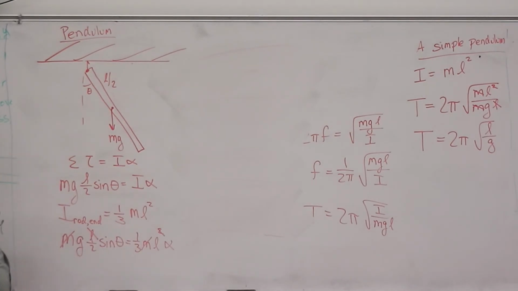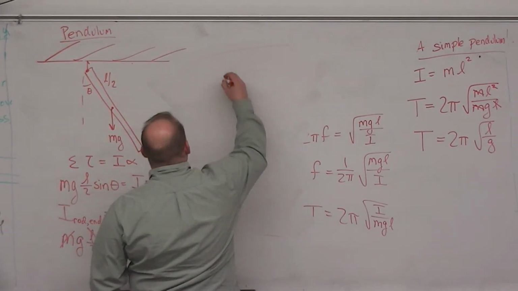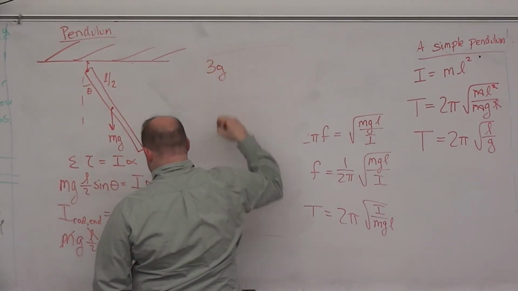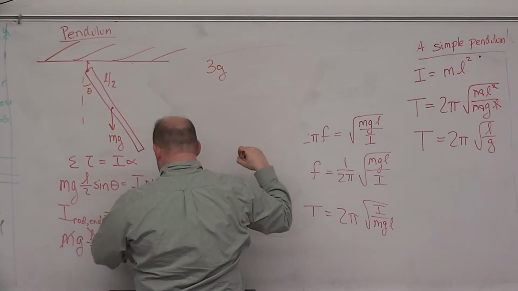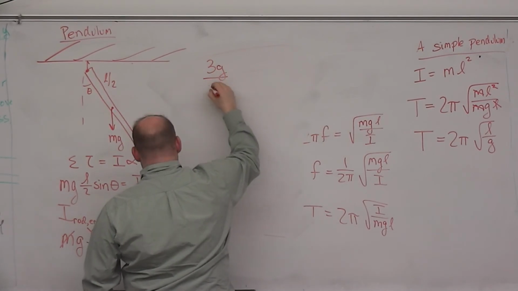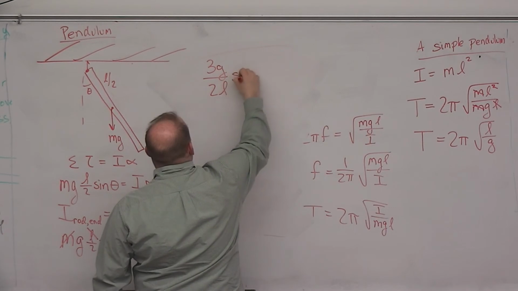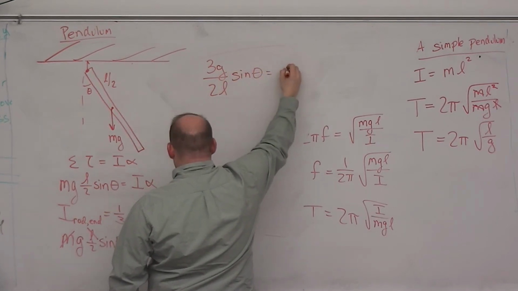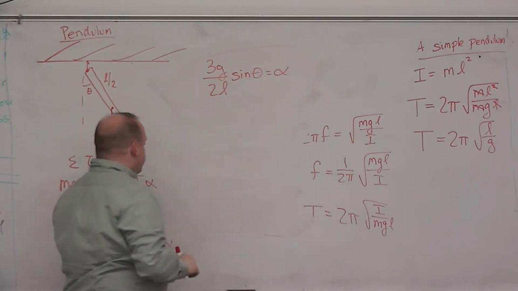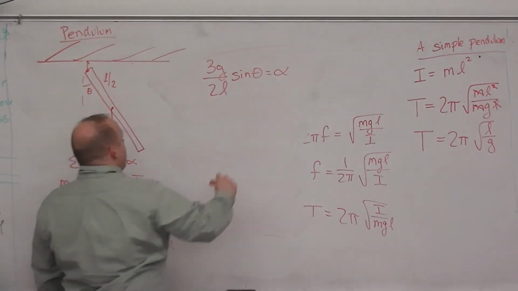It's 1/3 L over 2, so I'll multiply both sides by 3 over L. So I have 3g over 2L sine theta is equal to alpha. I think I got the algebra right there. 3g sine theta over 2L is alpha.